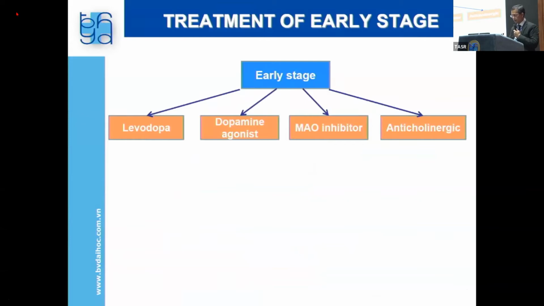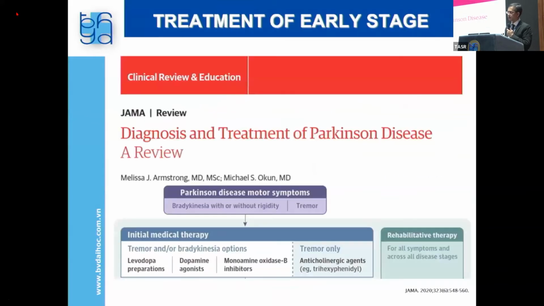And how about anticholinergics? We also use anticholinergics only for tremor. You can see in this review, the author suggests using anticholinergics only for tremor.